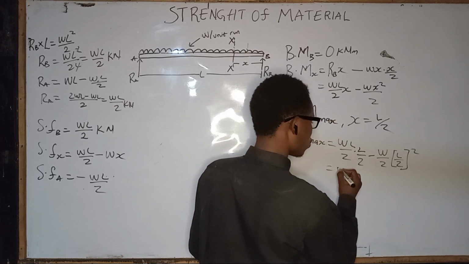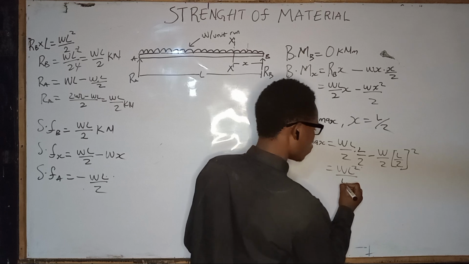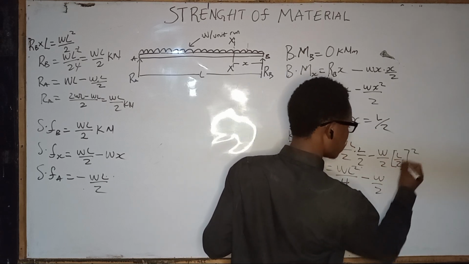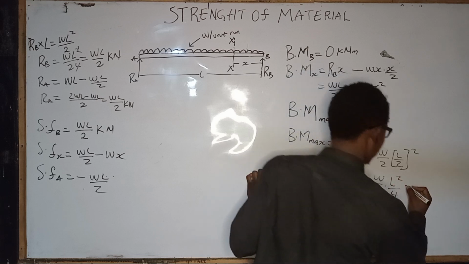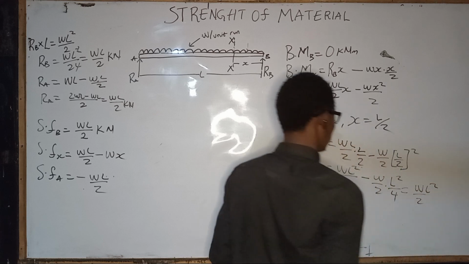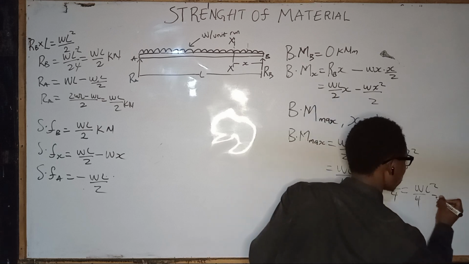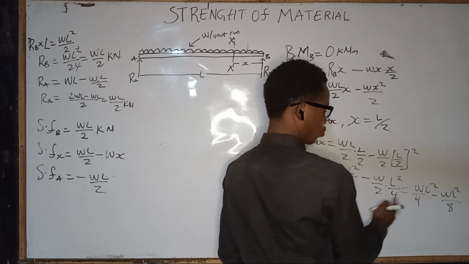Here it will be equal to WL squared over 2 times 2, which is 4, minus W over 2 times L squared over 4. It will eventually become WL squared over 4 minus WL squared over 8, which is 2 times 4.